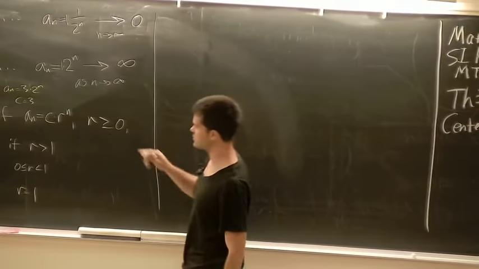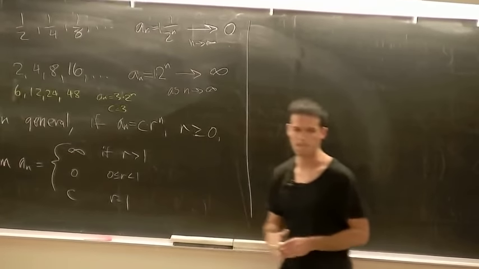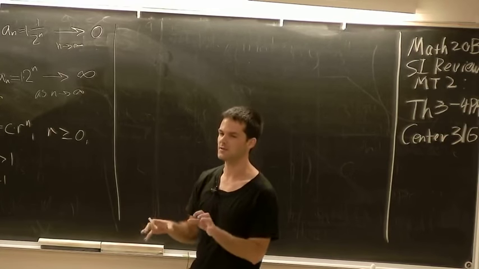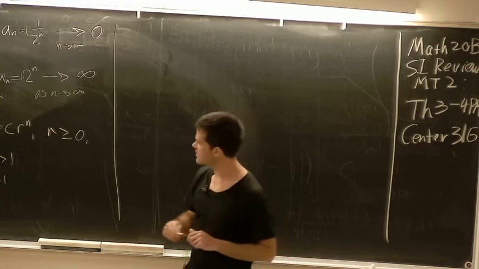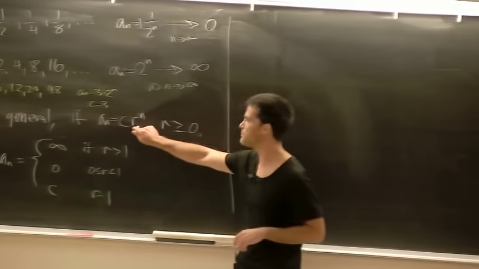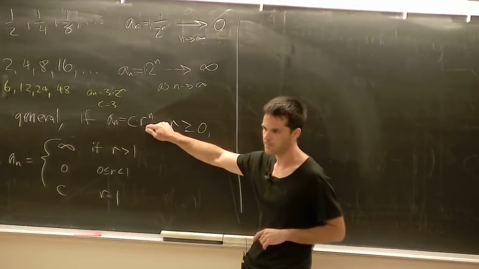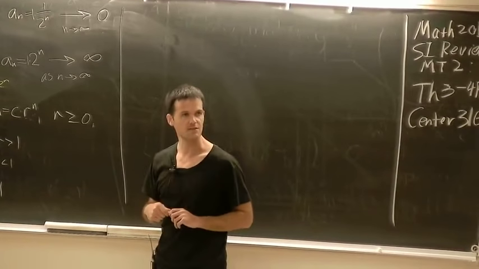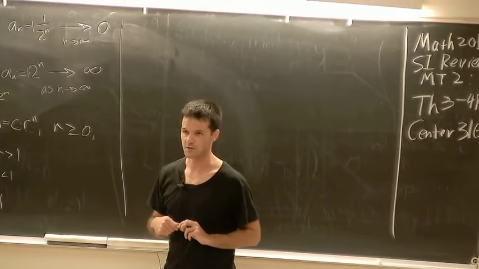So that's geometric sequences. Let's compare two sort of battling sequences and see which one wins. Because geometric sequences are about taking powers of some number, let's now look at exponentials.